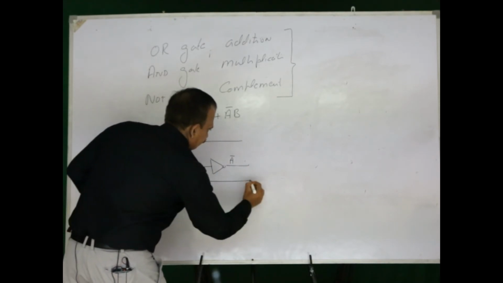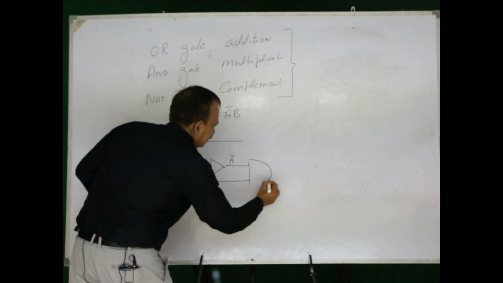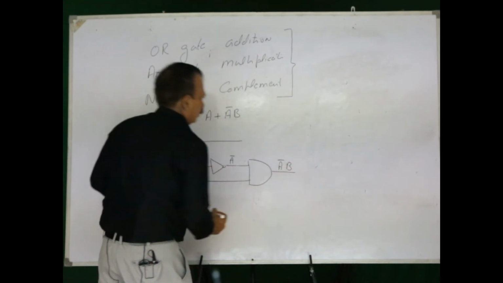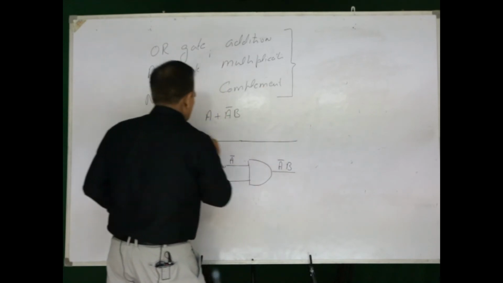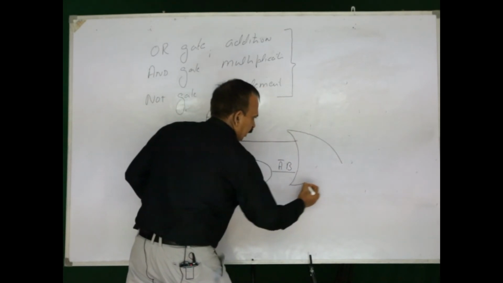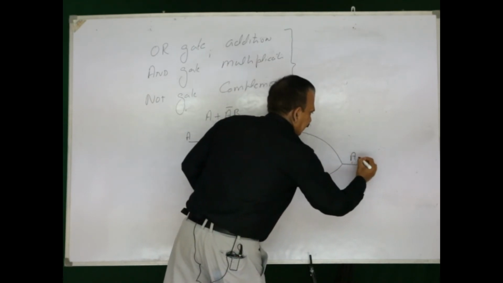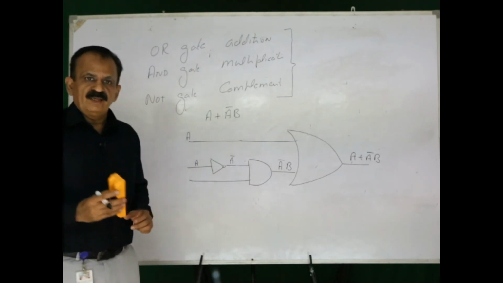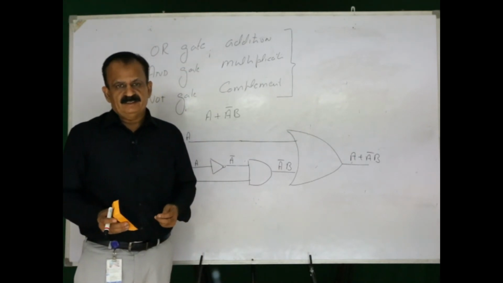The another is B and these two are to be multiplied. That means the output is A bar into B, and I want to add this value to A and the gate to be used is the OR gate, giving A plus A bar into B. This is how the circuits are implemented.